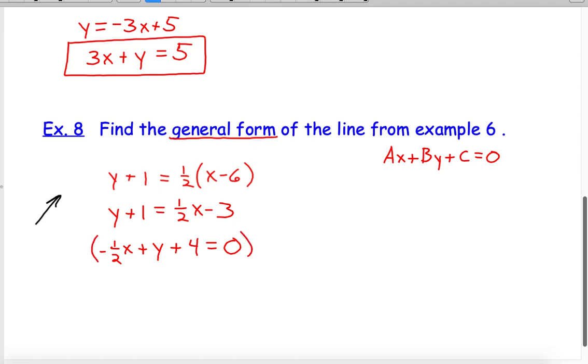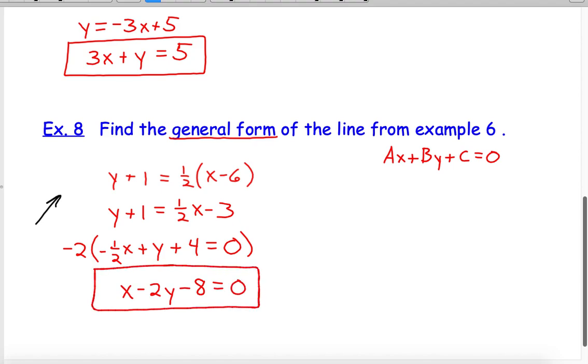So I can take care of that by multiplying everything by negative 2. That's going to give me a positive 1x minus 2y minus 8 equals 0. Coefficient of x is a positive integer. There's no decimals or fractions. And 1, negative 2, and negative 8 are all relatively prime. Check.